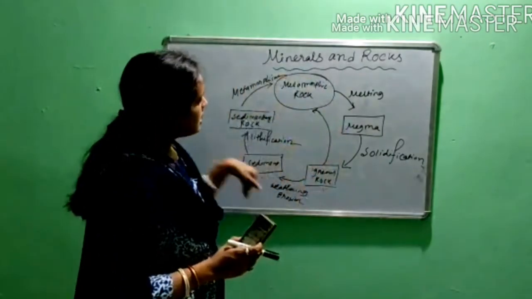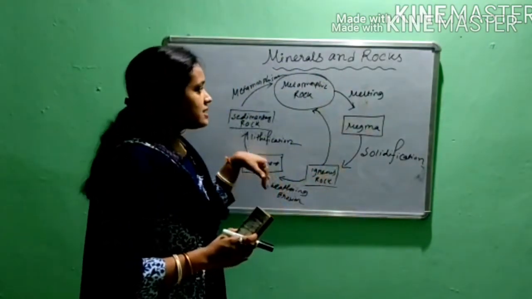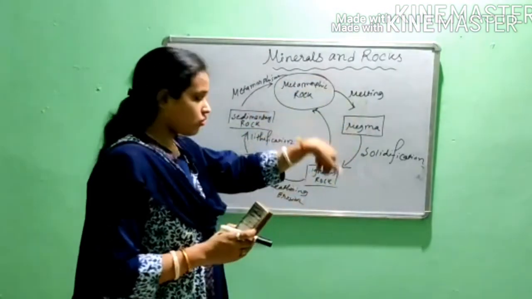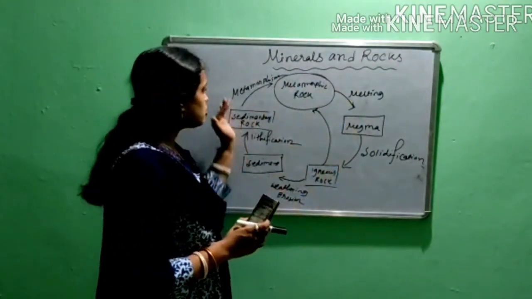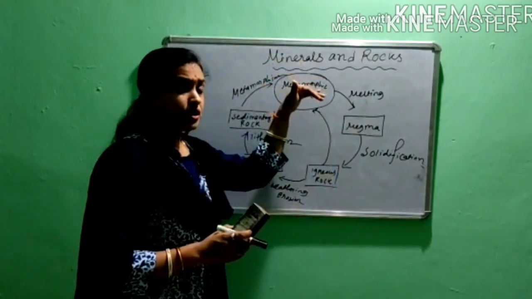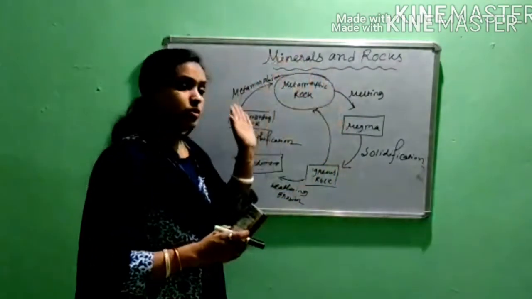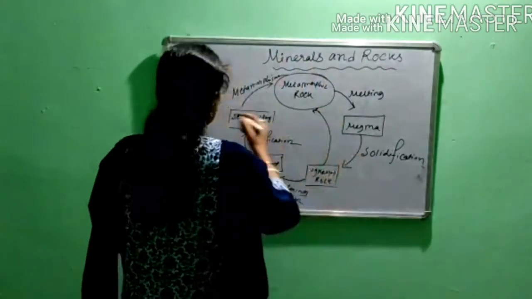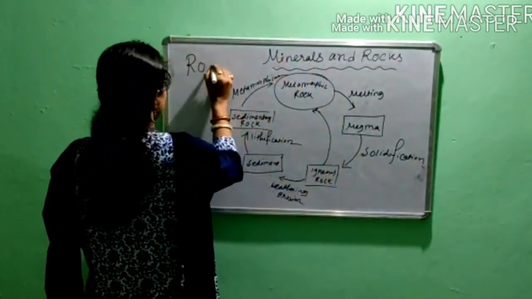So this is a simple cycle that says metamorphic rock transforms into igneous rock, which also transforms into sedimentary rock, which transforms into metamorphic rock, and igneous rock also transforms into metamorphic rock. So this is a cycle of rock. Simply it is known as rock cycle.